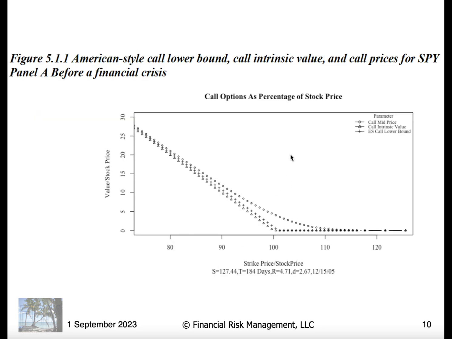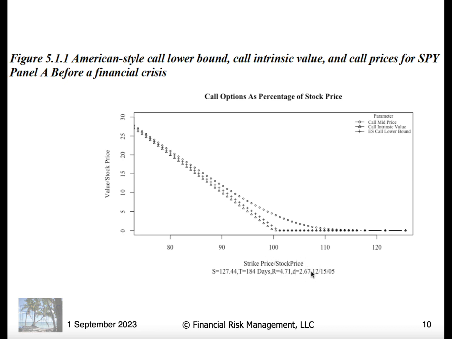If we focus first on the American style call lower bound, the intrinsic value in the call price for SPY, which is options on an ETF, an exchange traded fund that tracks the S&P 500, it is an American style option. A couple of observations to make. First of all, the mid price is the average of the bid and ask price, and the x-axis is strike price divided by the stock price.